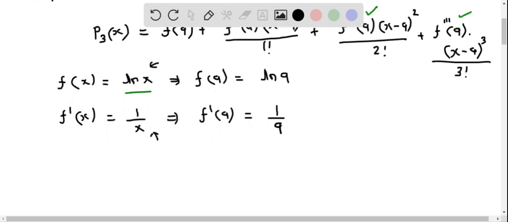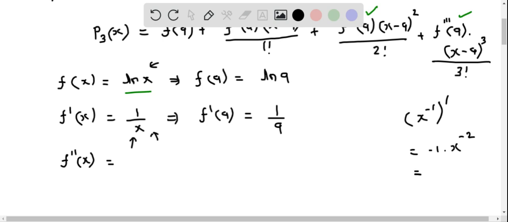Now let's go further and find the second and the third derivatives. Here I'm finding the second derivative of f of x, so I have to find the derivative of 1 over x. We can find it using the power rule, where 1 over x is equal to x raised to the power of negative 1. When we find its derivative, we put the power in front, that is negative 1 times x raised to the power of negative 1 minus 1, which is negative 2.